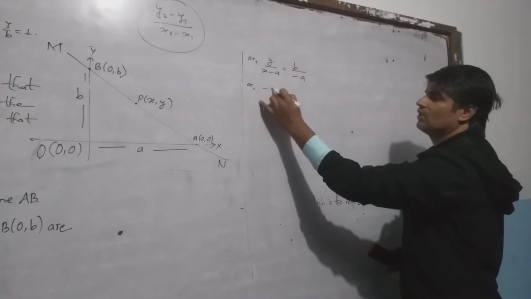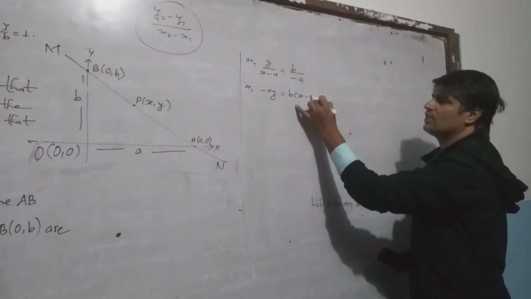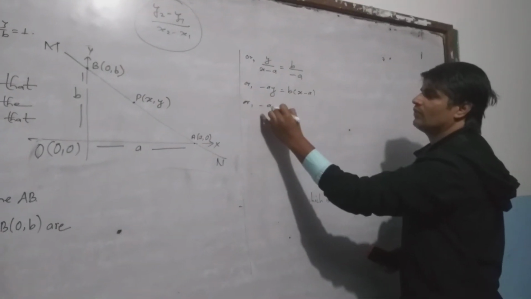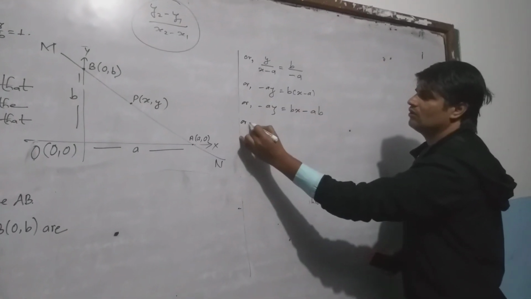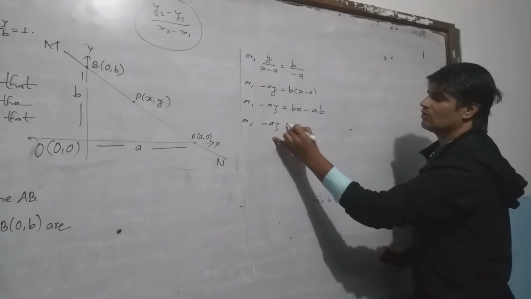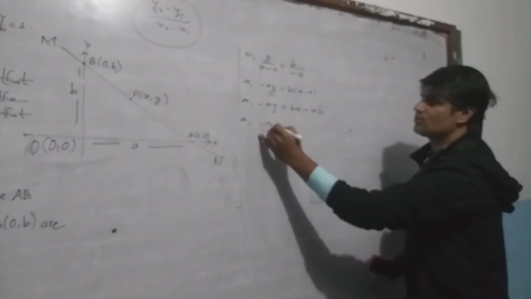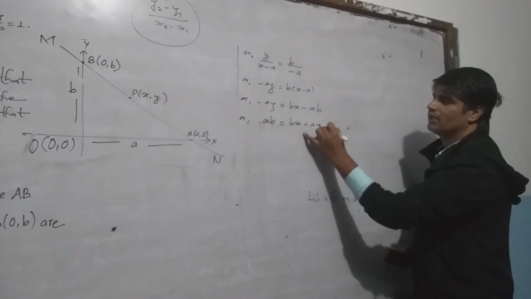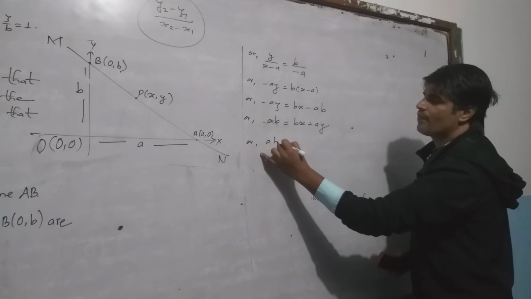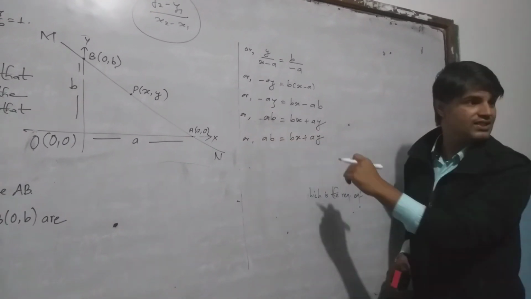So what do we get? Minus ay equals b times (x minus a), so minus ay equals bx minus ab. We can shift this ab to the left hand side with a sign change: ab equals bx plus ay. Now divide all terms by ab, because we need 1 on one side.